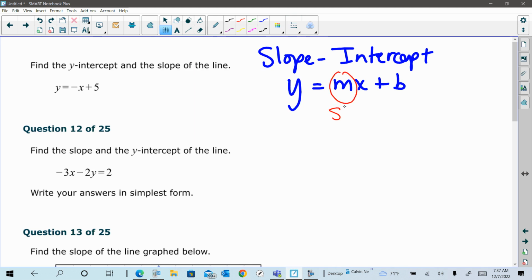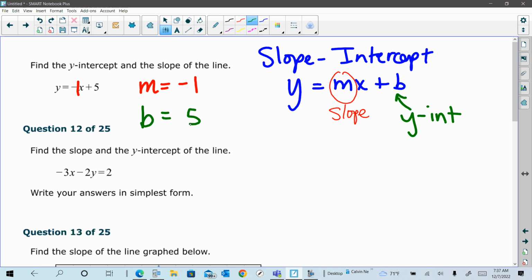It's what's in front of the x, and your y-intercept is the b. They might want you to write the slope, the y-intercept as a point. So like this one, kind of think of this as an invisible 1 there. So the slope is -1 and the b is 5. Just reading the equation.